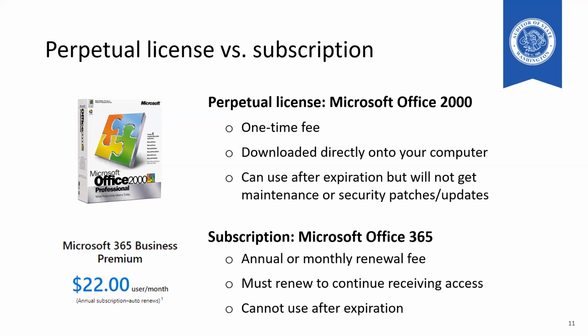Now compare that with the newer model of Microsoft Office 365. For Office 365, you have to pay that annual or monthly renewal fee. If you do not pay that fee, you stop receiving access to the software and you cannot use it after the expiration. This one would be a subscription-based IT arrangement.